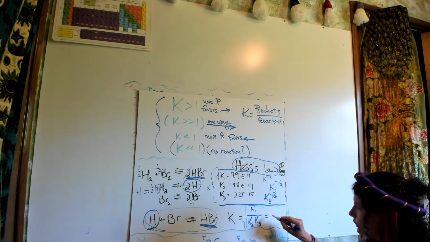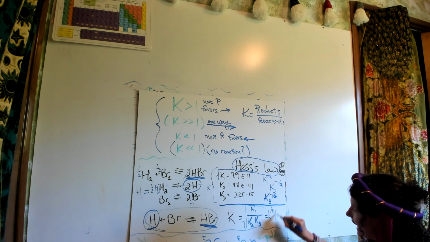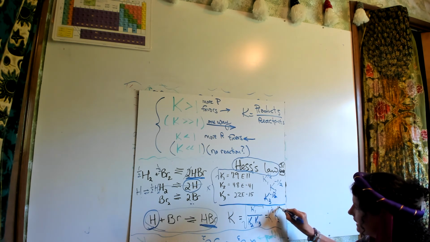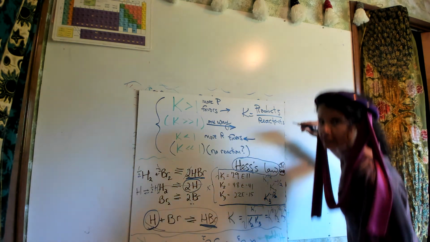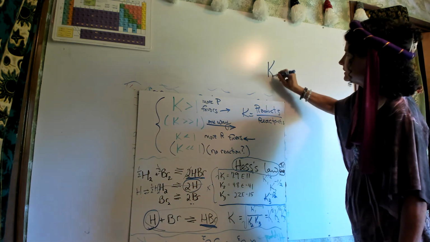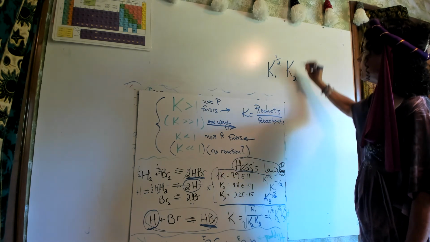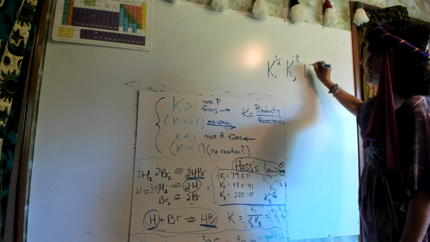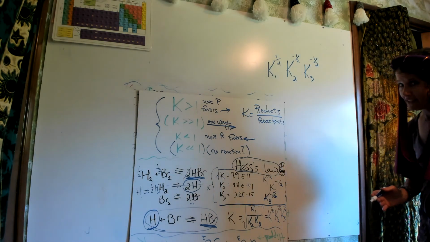Or you could write it as K1 to the 1/2 times K2 to the -1/2 times K3 to the -1/2. You write it like that.